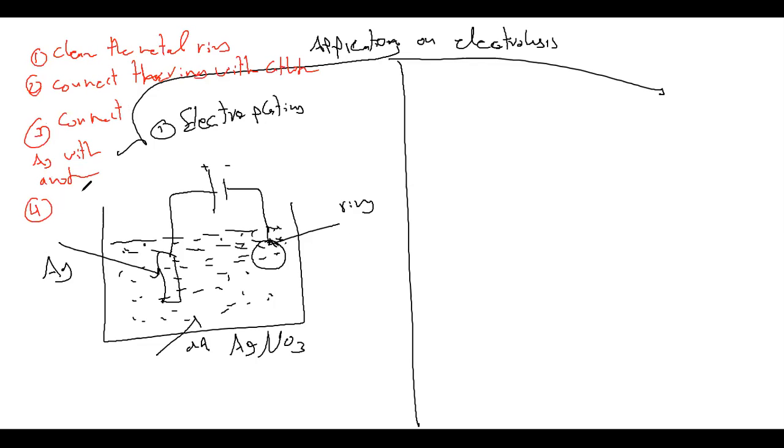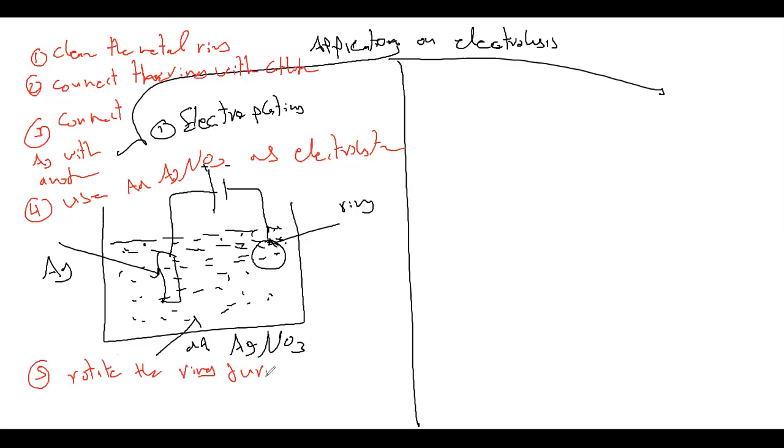Number four, use aqueous silver nitrate as electrolyte. Number five, rotate the ring during electrolysis or during electroplating. Number six, remove the ring, then dry.